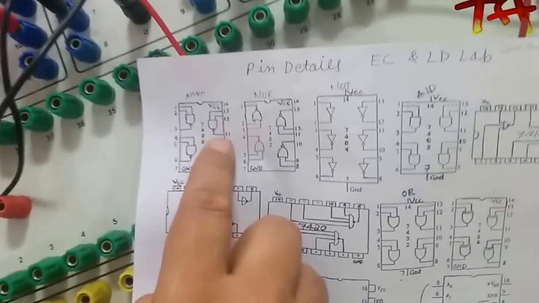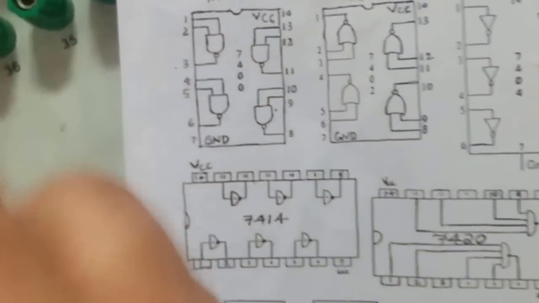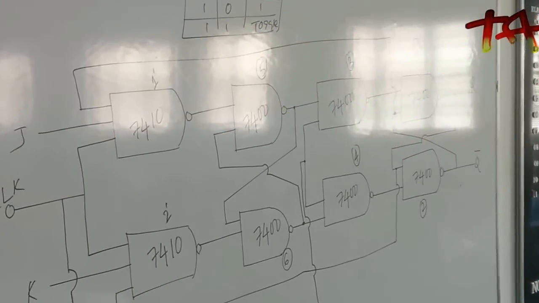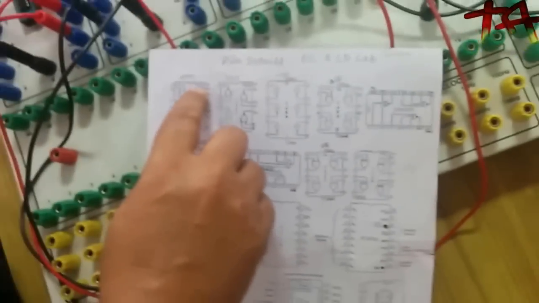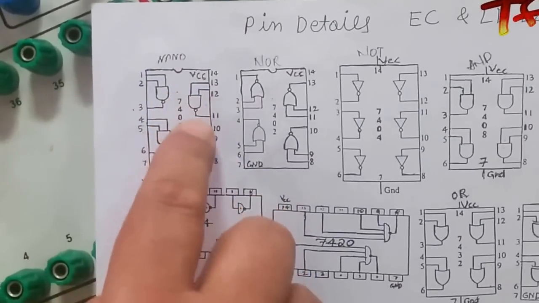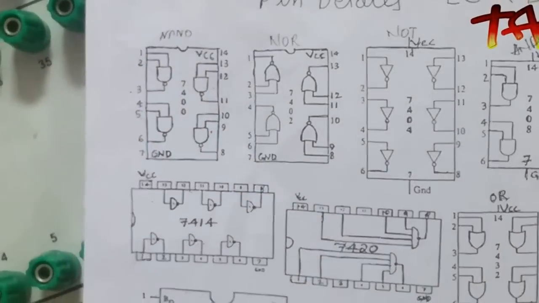What is the output of 5? Output of 5 is 11, because again I repeat, 5 and 6 belong to the second IC. Therefore, 5 in the second IC, the output will be the 11.